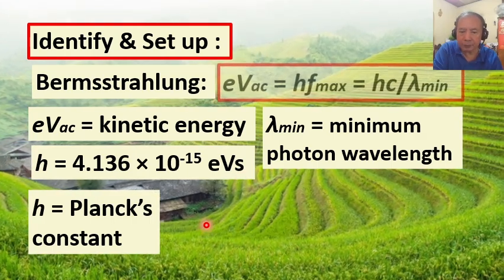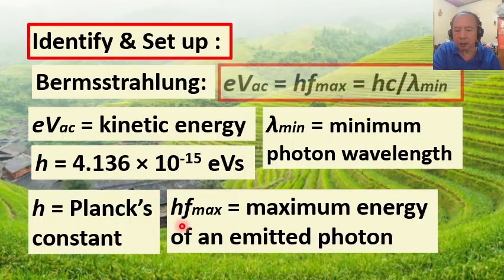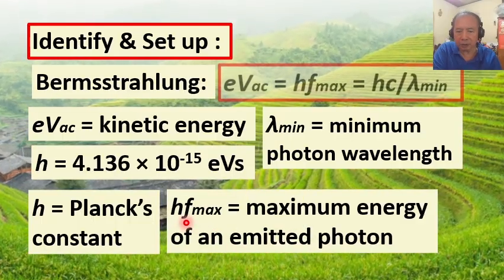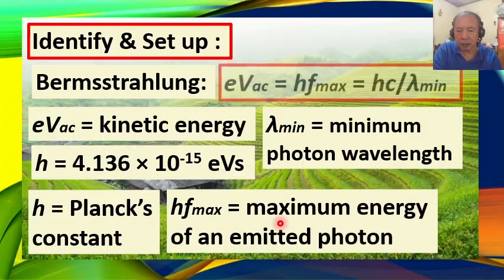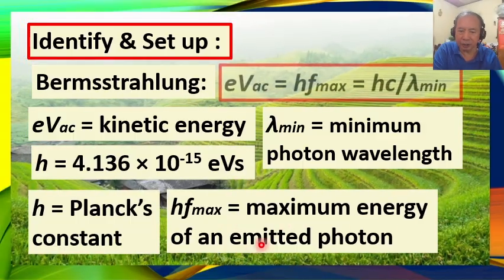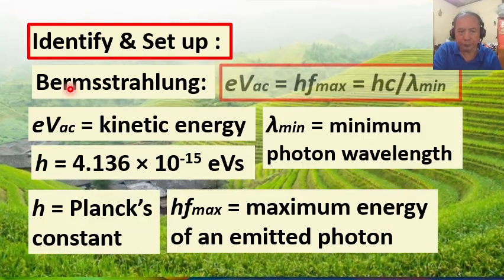And of course, the meaning of h times f max is that it is the maximum energy of an emitted photon.